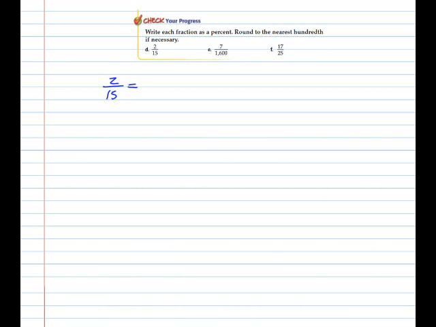2 out of 15. Well, 15 is not a factor of 100. So I'm going to set up my proportion. N over 100. Cross products, 200 equals 15n. If I then divide both sides of my equation by 15, I get n on this side.